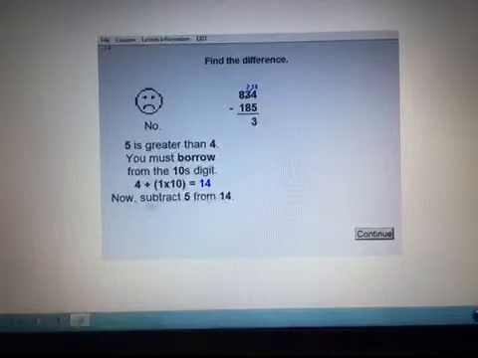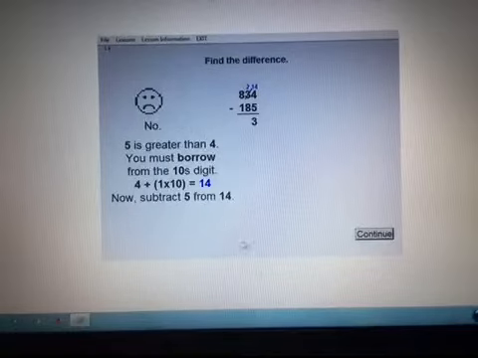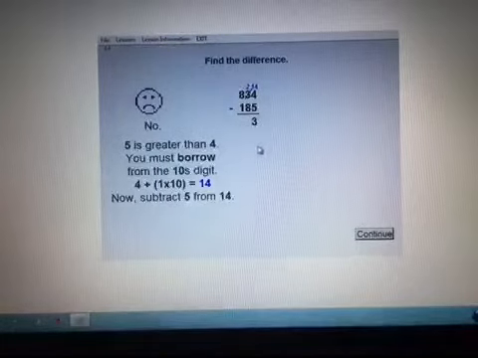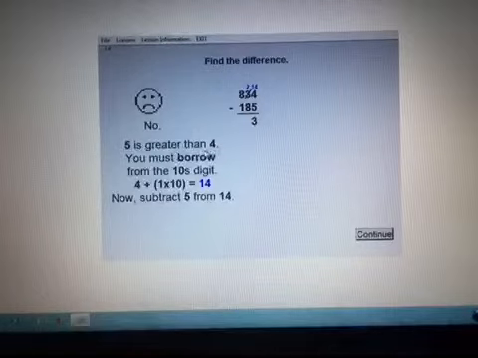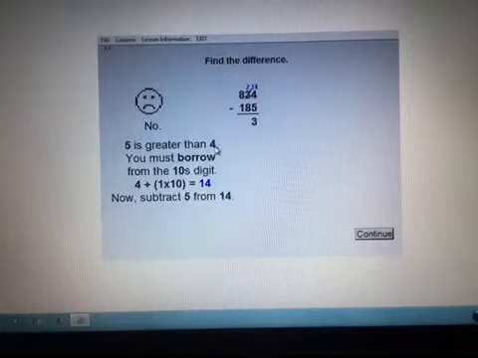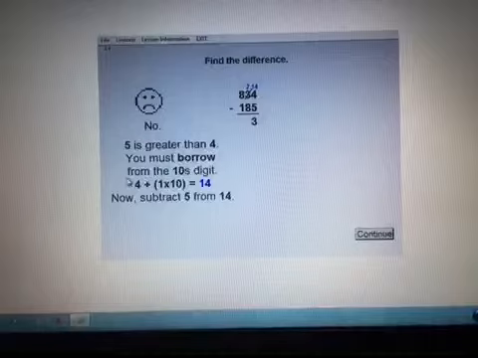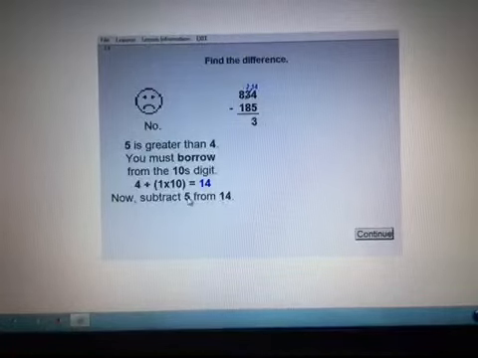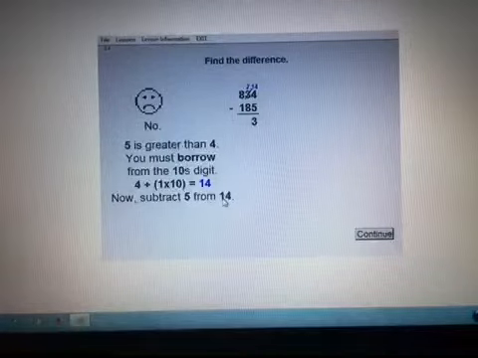You can now begin to see how this is all related, and this is all just from a randomly generated problem, but the feedback is specific and reinforces these wonderful mathematical concepts. Subtract 5 from 14.